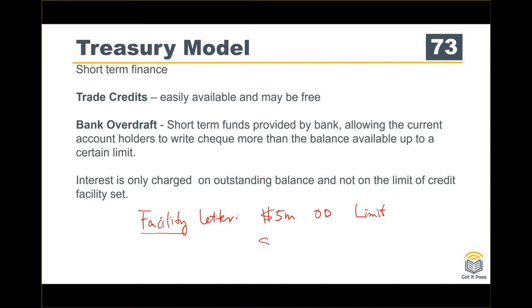Say you draw 1 million, then your interest is charged on this 1 million only. The 5 million is the facility which you use. How much you use, then interest is only charged on the outstanding balance of the overdraft.